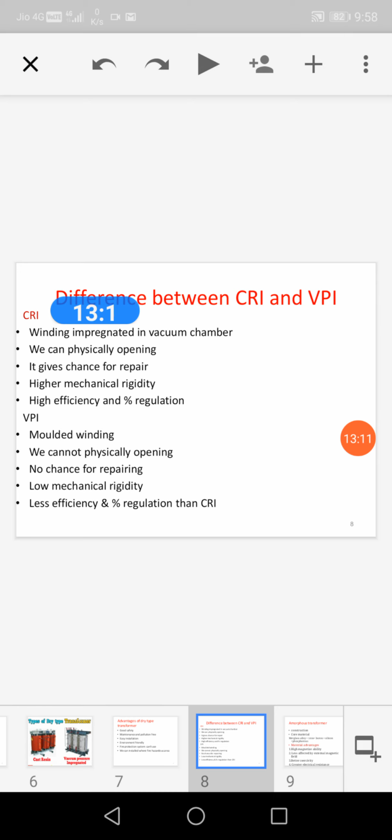High efficiency and high regulation in CRT transformer are due to the molded winding, but the vacuum pressure impregnated transformer has less efficiency and percentage regulation than the CRT.